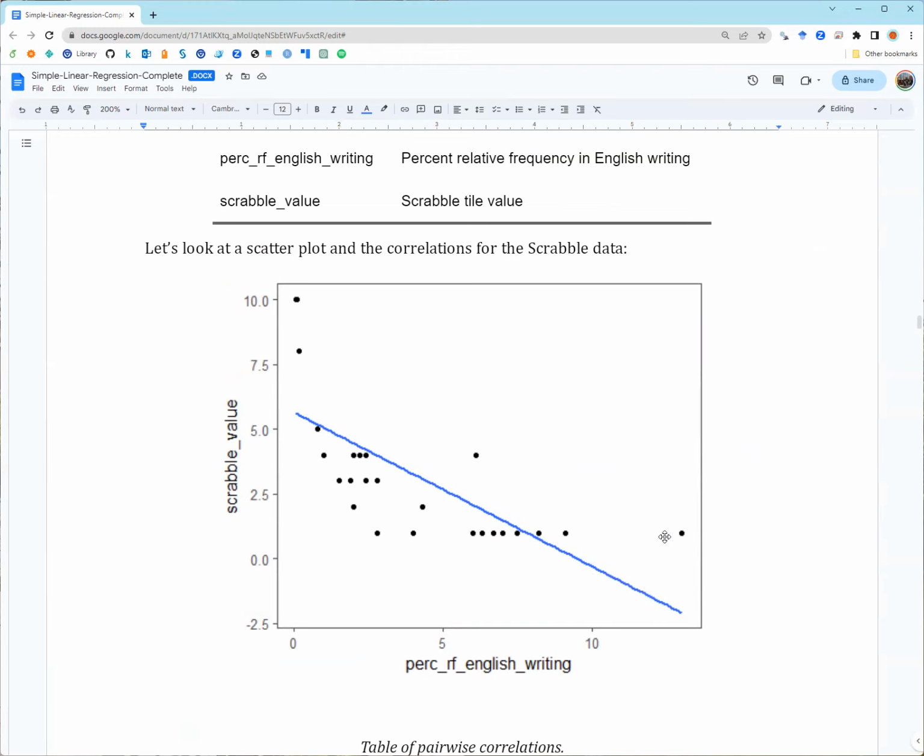Because this point is so far out, it's so influential, it's able to pull the regression line up towards itself. It has much more what we'd call leverage.